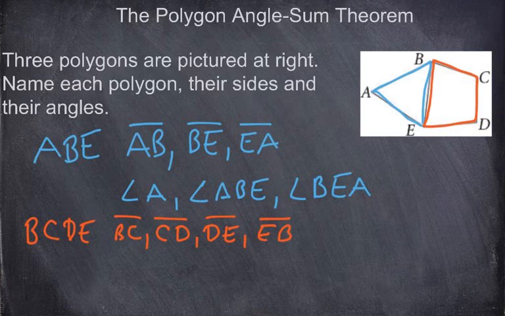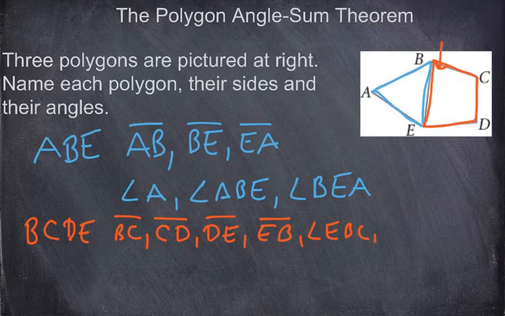Now our 4 angles, again, when we name this one up top, we can't use one letter because there's multiple angles at B. So we would say angle EBC, B being our middle letter.